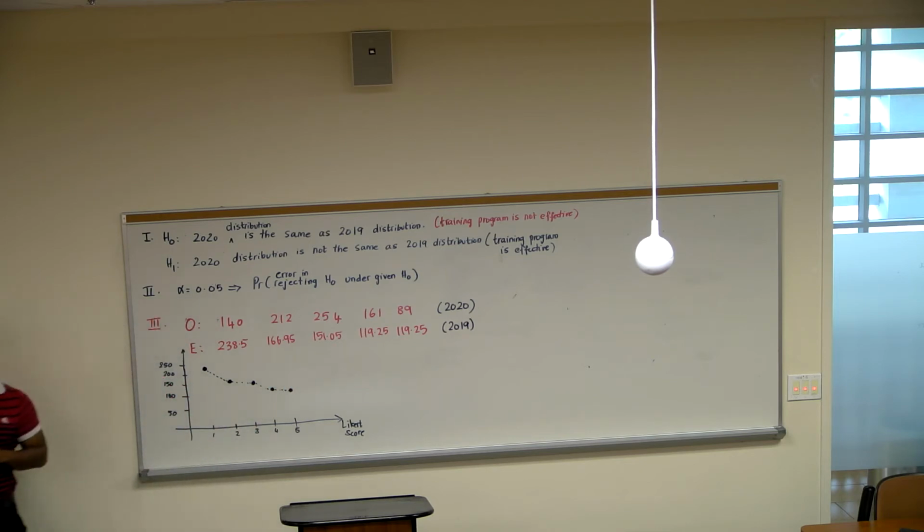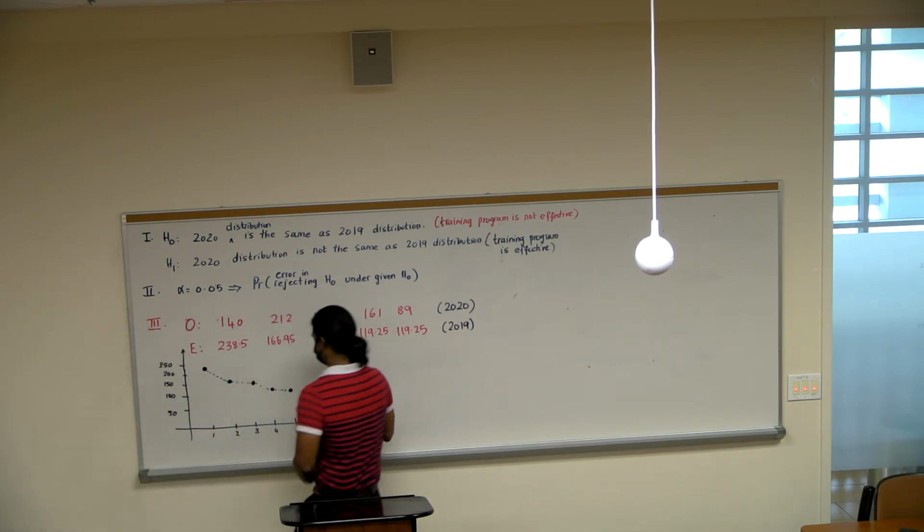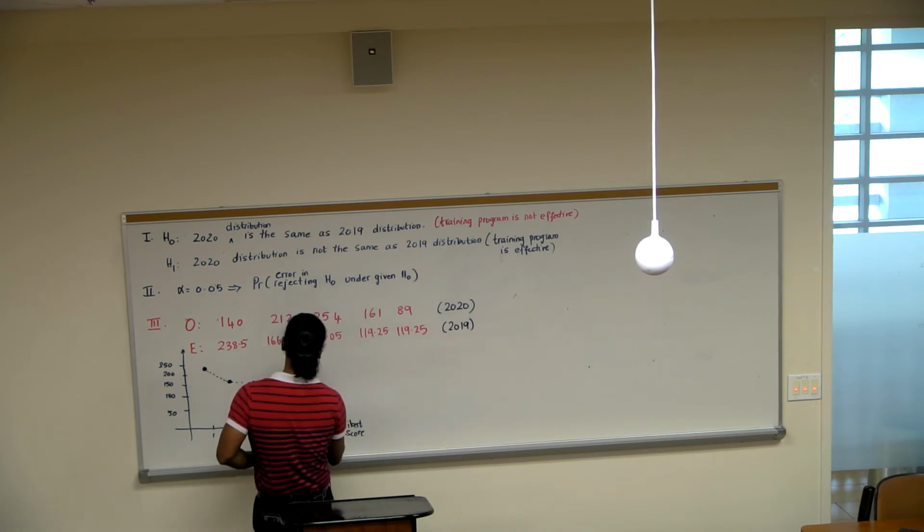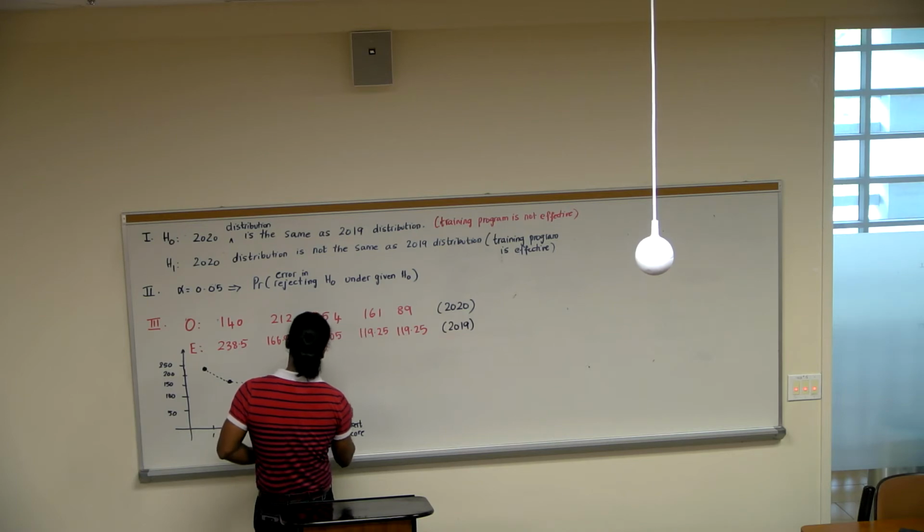I'm putting dotted lines because you can't connect them with the solid line because these are discrete lines. So that is the expected distribution.